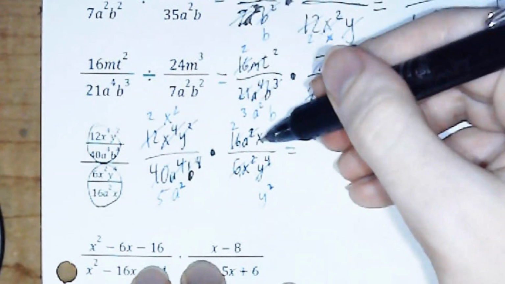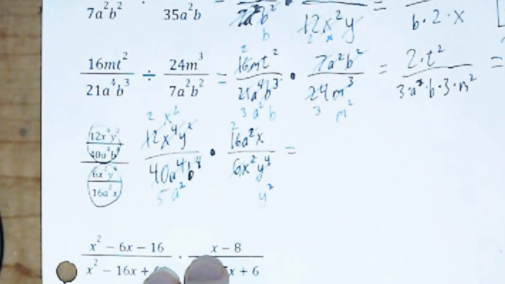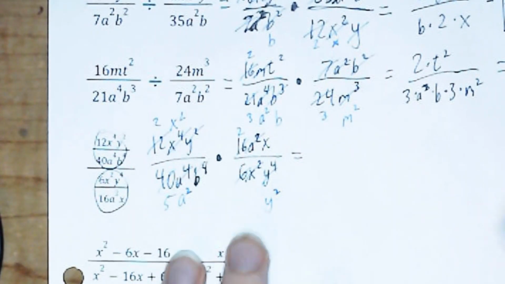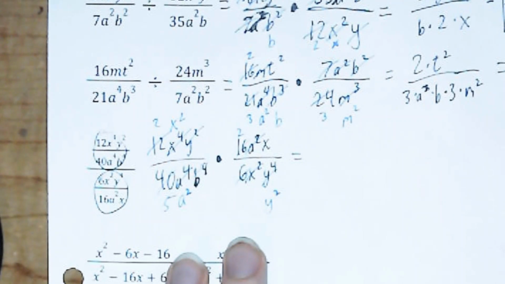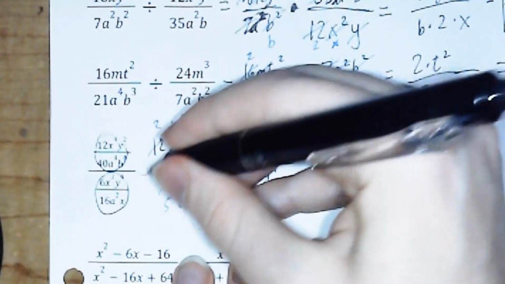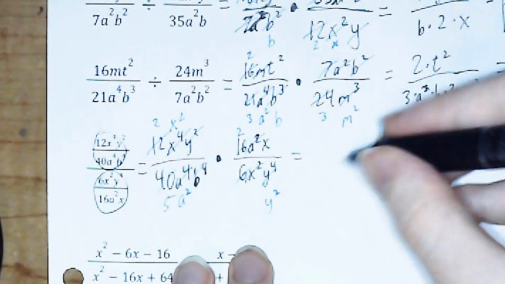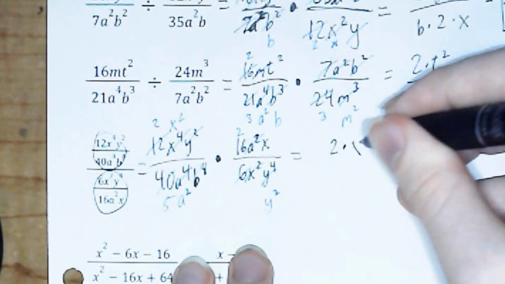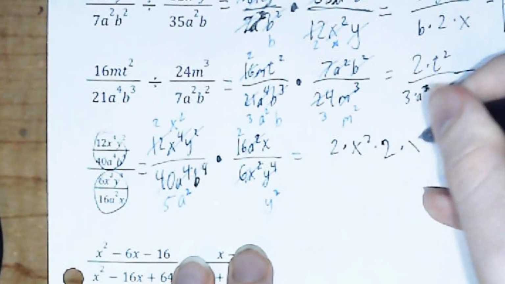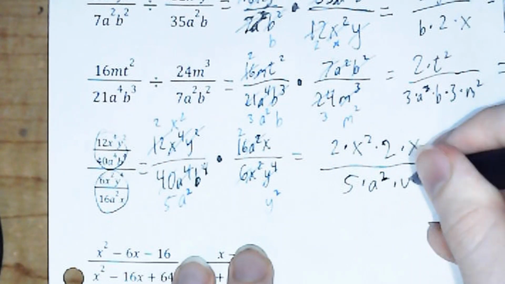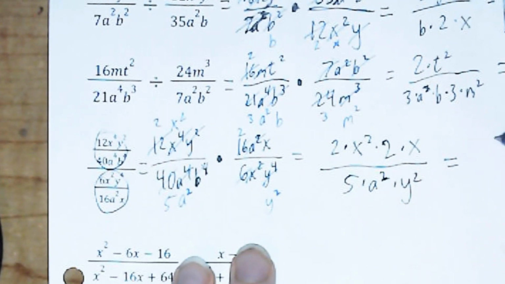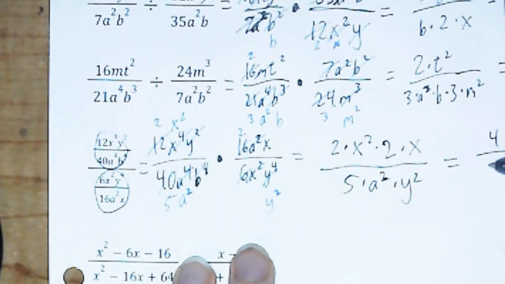Alright, now you'll notice there's an x and an x squared on top, so our final answer is going to have x cubed in it. Now, let's see, what do we got? This is 2 times x squared times 2 times x over 5 times a squared times y squared. This is equal to 4x cubed over 5a squared y squared.